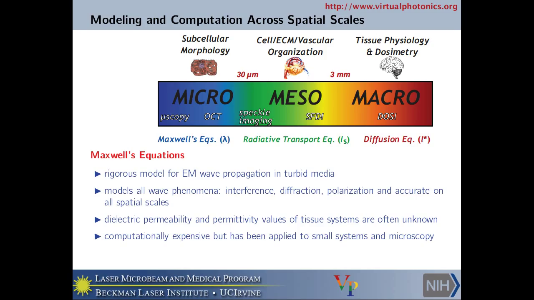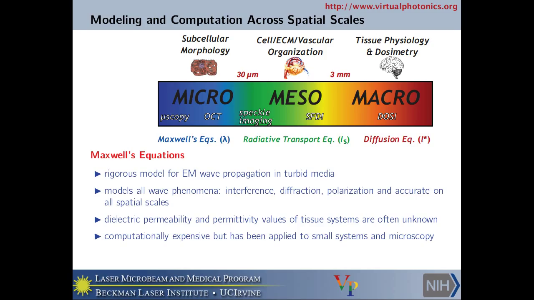The challenge with applying it in biomedical optics is really twofold. Number one, there's the challenge of how one represents the tissue as an electromagnetic construct. The two properties that characterize electromagnetic wave propagation are called dielectric permeability and permittivity.